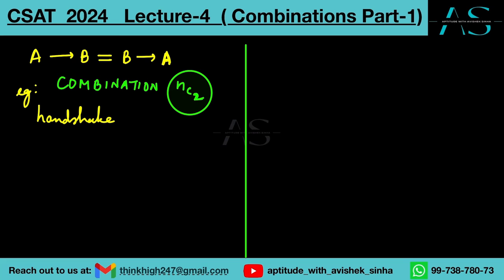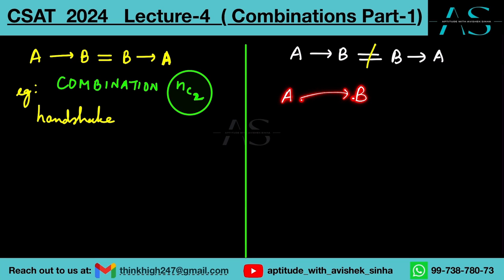Another important point. When A to B is not considered as B to A. Suppose you are giving out an article to the other person. You are giving a chocolate to B. Will it be considered that B has also given you a chocolate? No, unless B gives you a chocolate.